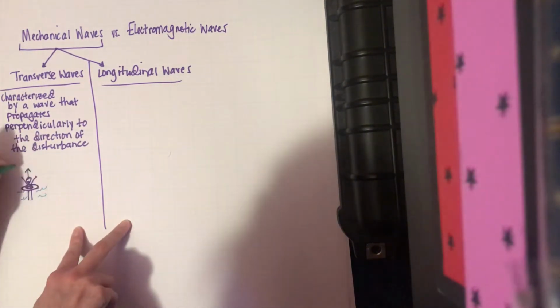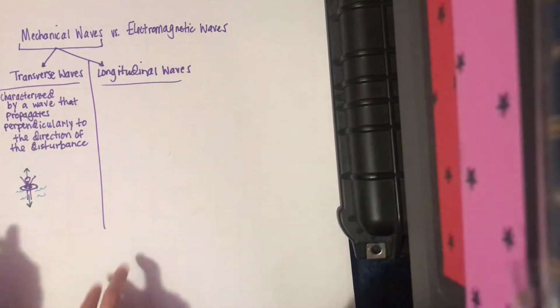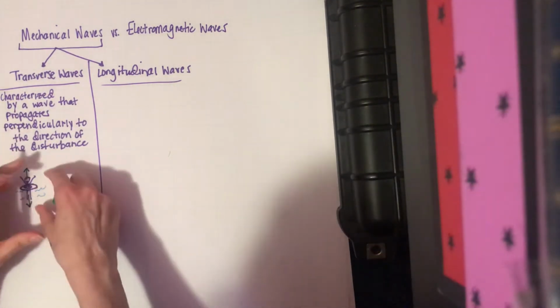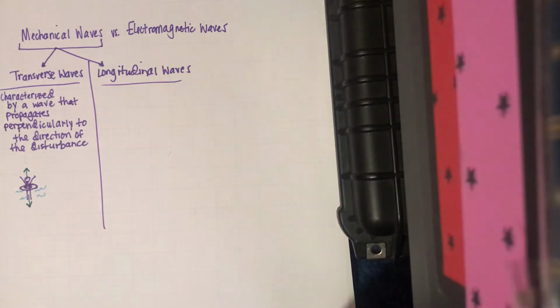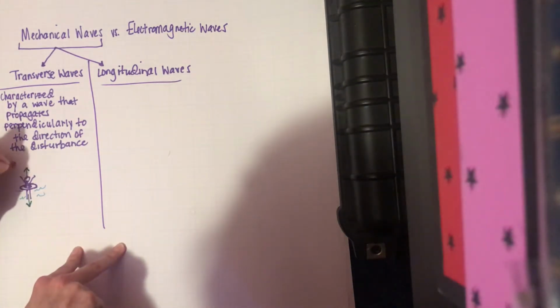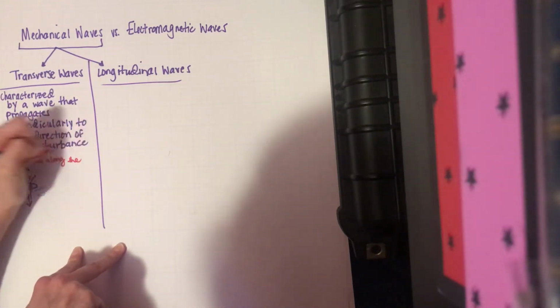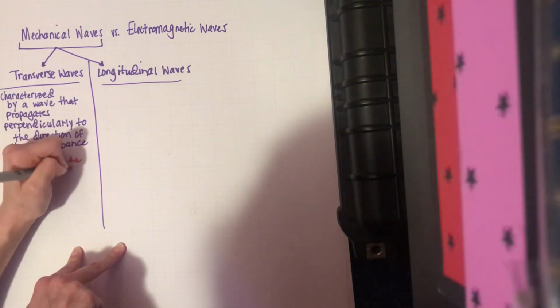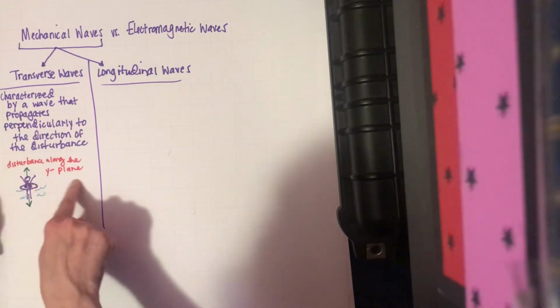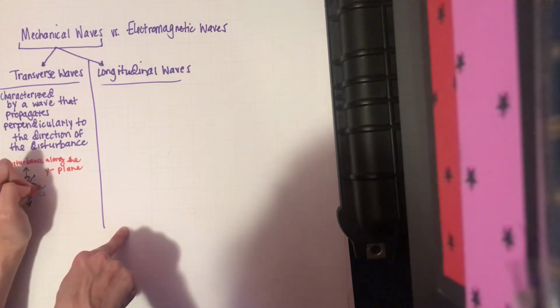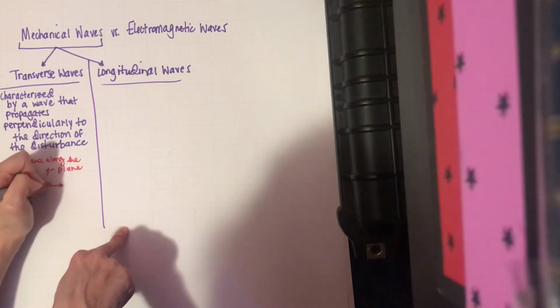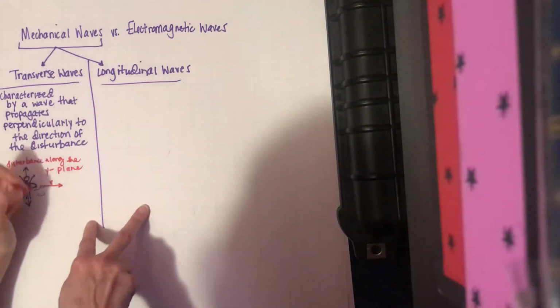So this person wants to create waves that are going to propagate outwardly. So even though the disturbance is happening along the y-plane, the waves are going to propagate outward along the x-plane.